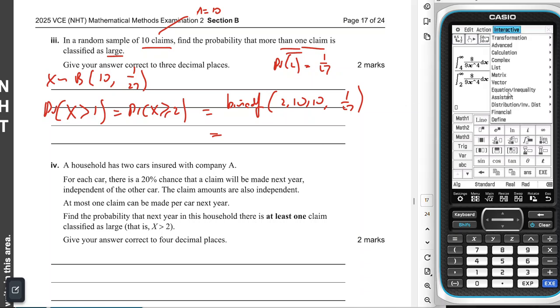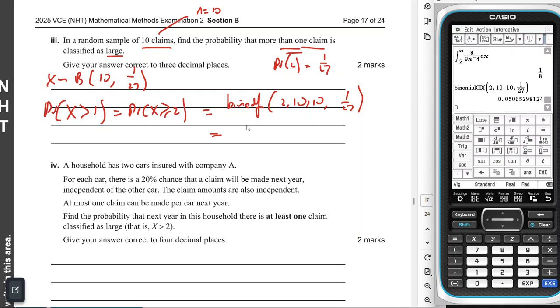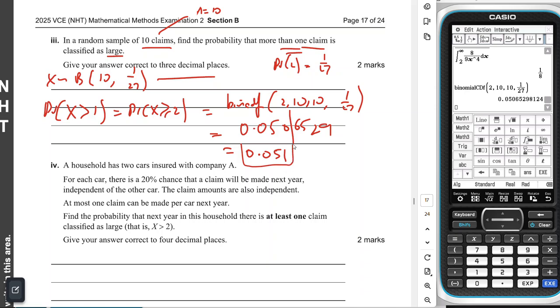So interactive distribution, discrete distribution, from 2 to 10, 10, and 1 on 27. And we get an answer of 0.050659, and we're doing 3 decimal places, so 0.051.